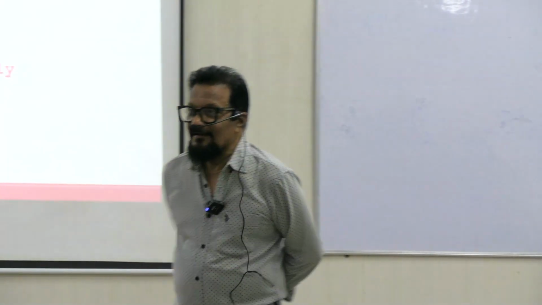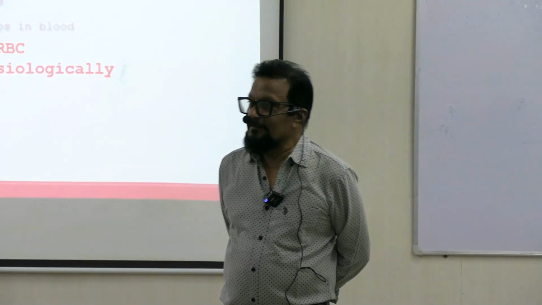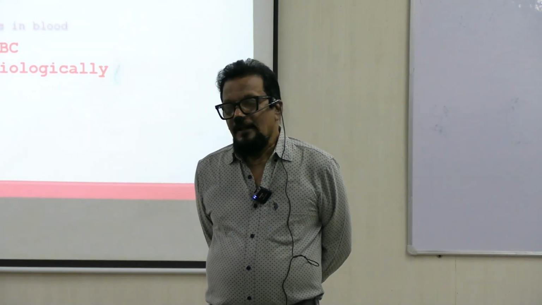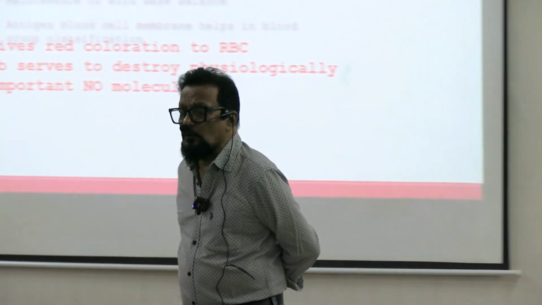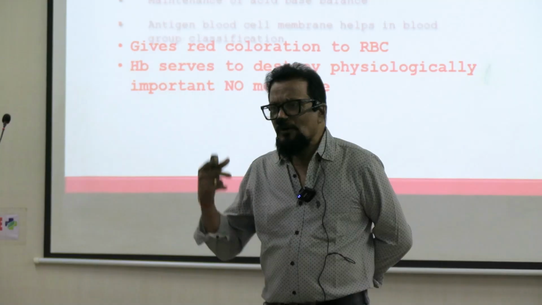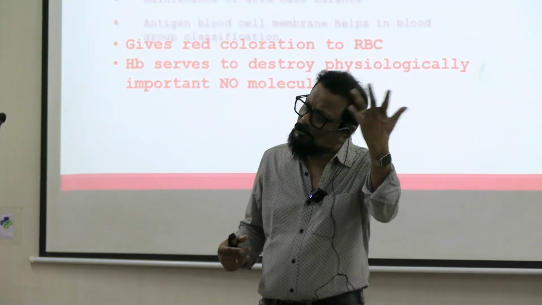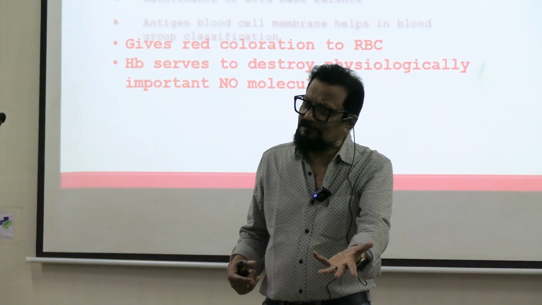Disadvantage of hemoglobin: why is it present in the RBC? Why not in plasma, like plasma proteins? Who can answer? Hemoglobin is a protein. Albumin and globulin are also proteins, and they are present in plasma.